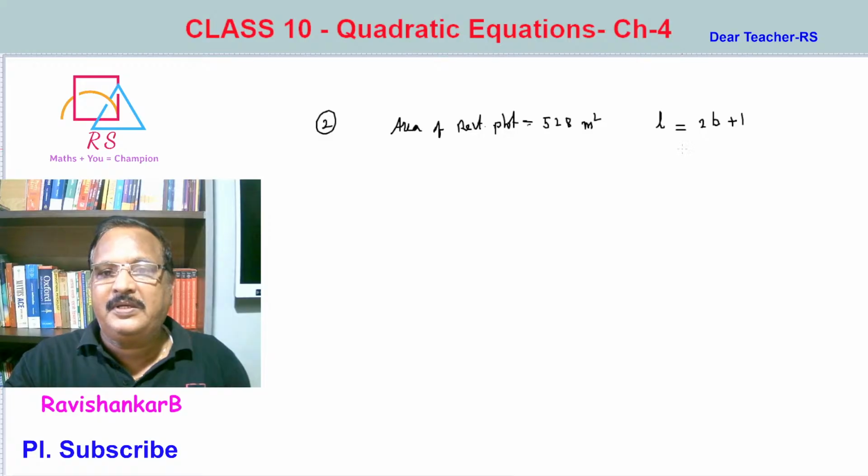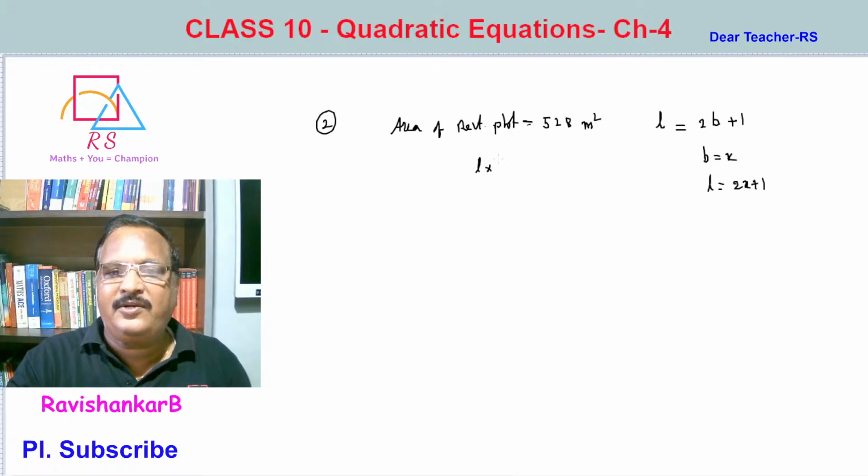So now you keep anything as x. Let me take b is equal to x. Then L is equal to how much? It will become 2x plus 1. So now area of plot formula, L into b is equal to 528.